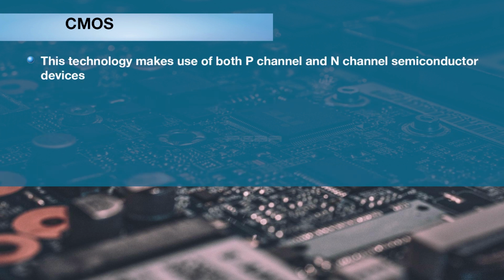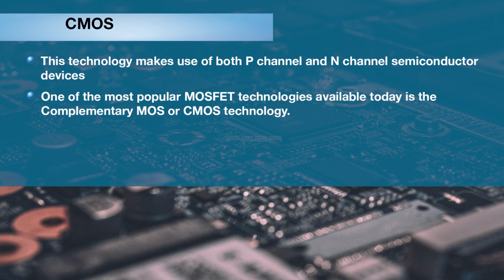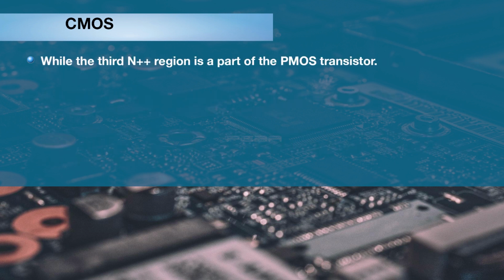The technology makes use of both P channel and N channel semiconductor devices. One of the most popular MOSFET techniques available today is the complementary MOS or CMOS technology. This is the dominant semiconductor technology for microprocessors, microcontroller chips, memories like RAM, ROM, EPROM, and application specific integrated circuits, ASICs, while the N region is part of the PMOS transistor.